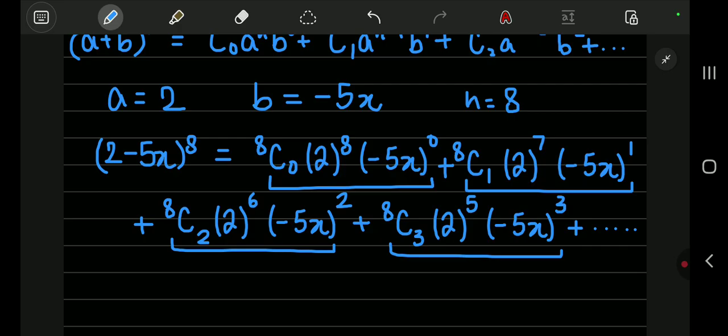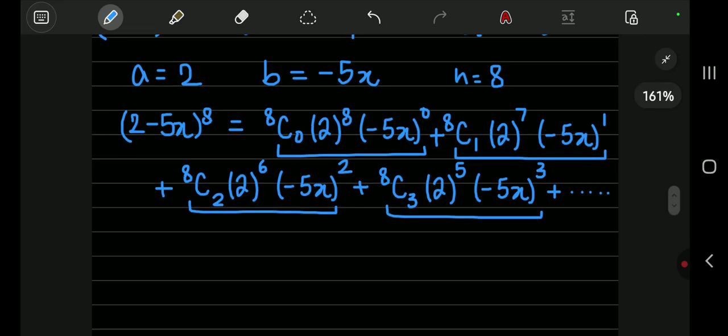So the best way to do this is to just put your values into the calculator directly and solve it. The first value is 2 to the power 8, because 8c0 is also going to be 1 and anything to the power 0 is also going to be 1. So 2 to the power 8 is 256.